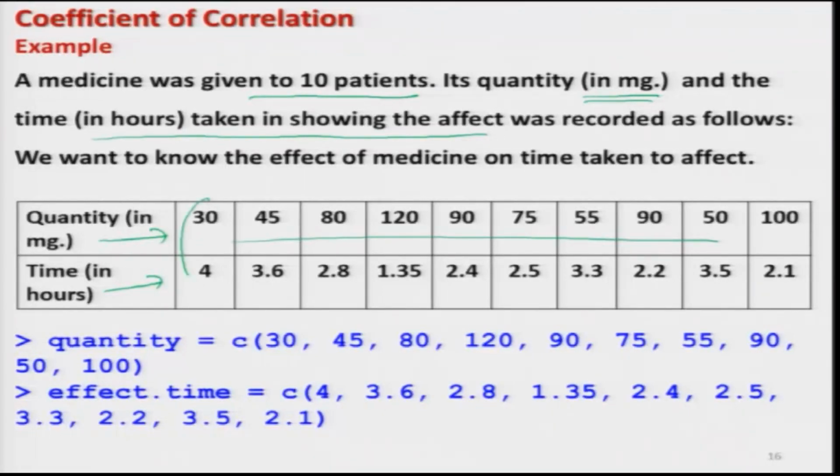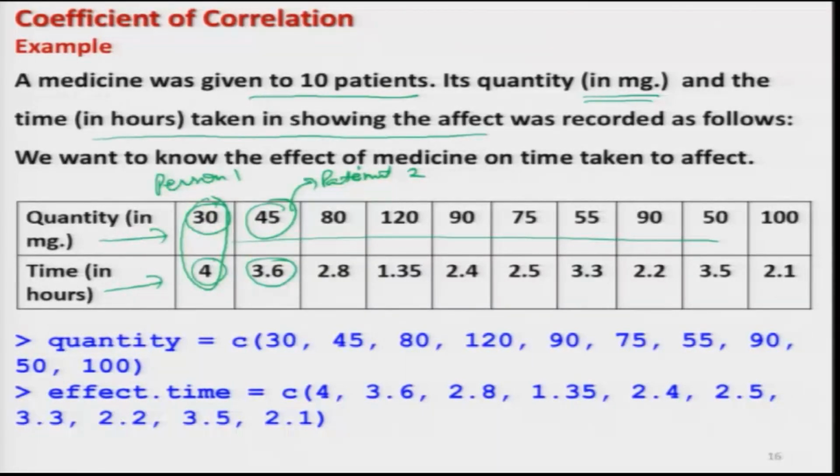So, this is the data set of patient number 1. This is indicating that 30 mg of medicine was given and it took 4 hours of time. Similarly, for the second data set, this is patient number 2, and 45 mg of medicine was given and he took 3.6 hours of time, and so on.